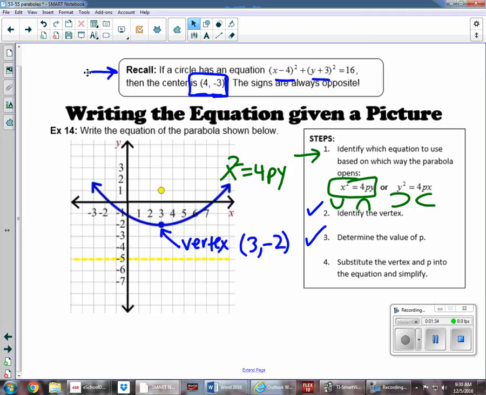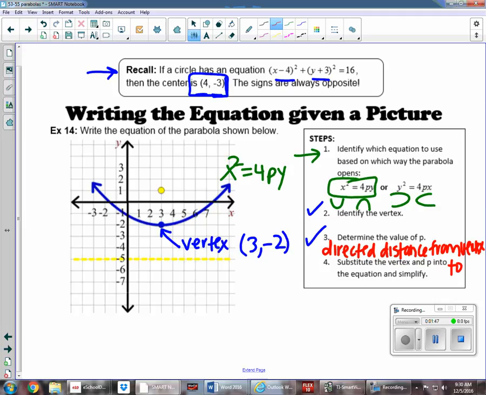The value of p, if you don't remember it, is the directed distance from the vertex to the focus. So I'm going to start at the vertex and count to the focus. I'm going up 1, up 2, up 3. So the value of p is 3.